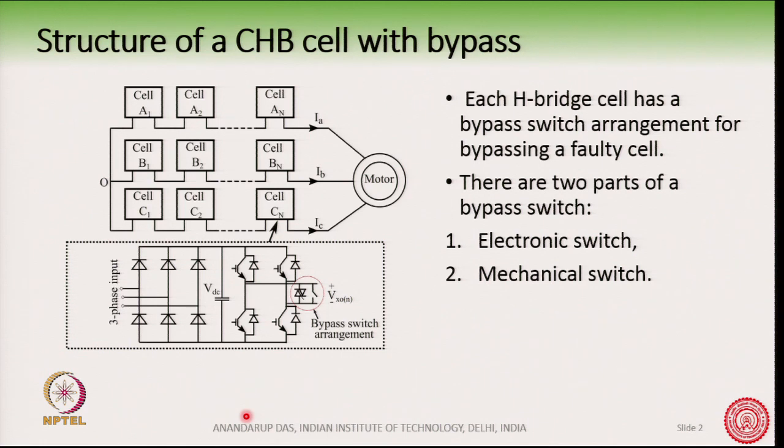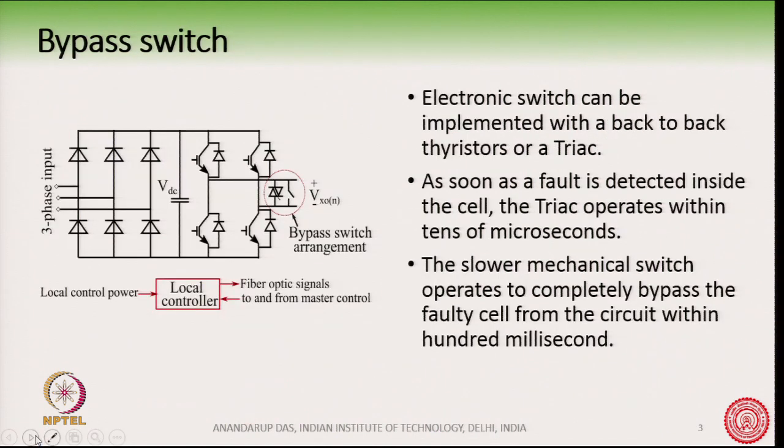Now, why are there two switches? Electronic switches, made of semiconductors, for example the triac here, the back to back thyristor, are faster as compared to the mechanical switch.